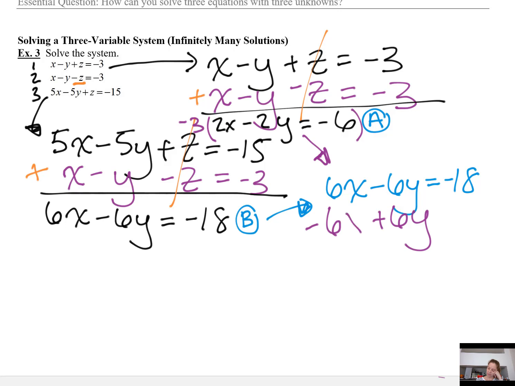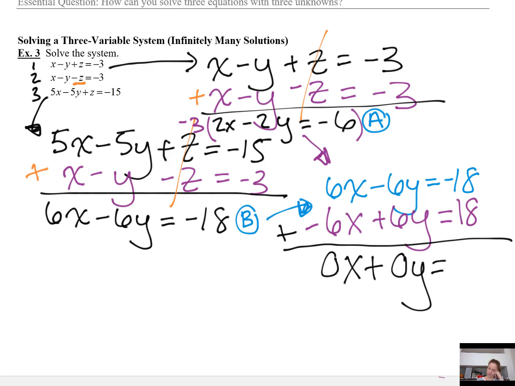Negative 6x plus 6y equals 18. Add this together, I get no x's plus no y's equals 0. In other words, 0 equals 0, which means there are infinitely many solutions.